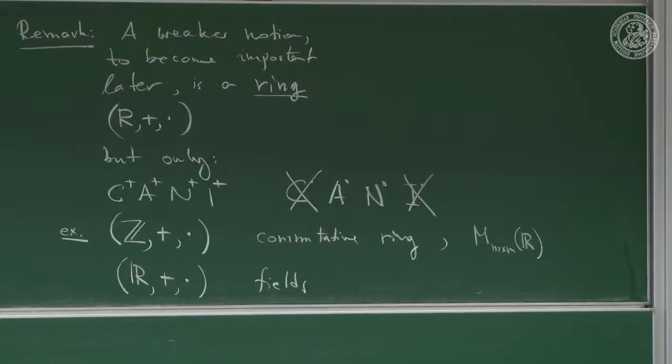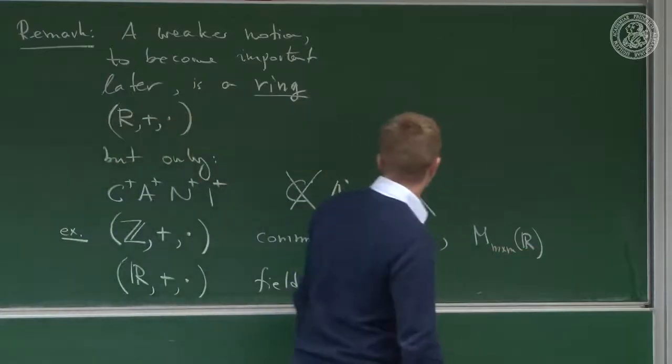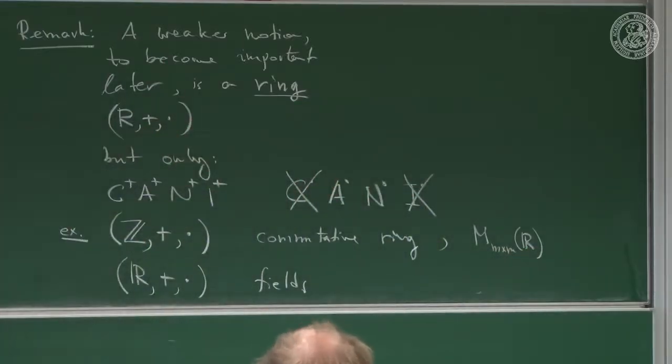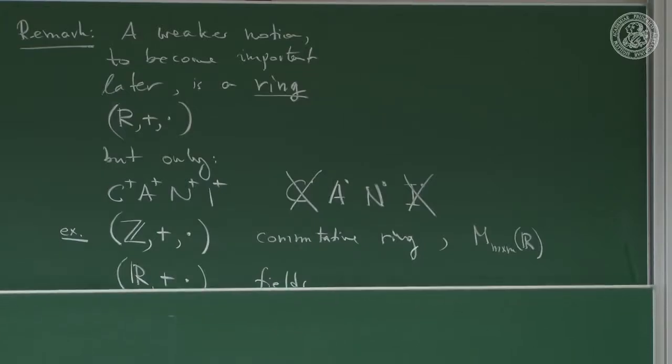Namely, if the determinant is 0, it doesn't have an inverse. Okay? That means the M cross M matrices over R are a ring as defined here. Okay? So it's a very natural structure. You see rings everywhere. Function, well, we come to that later. Okay, good.